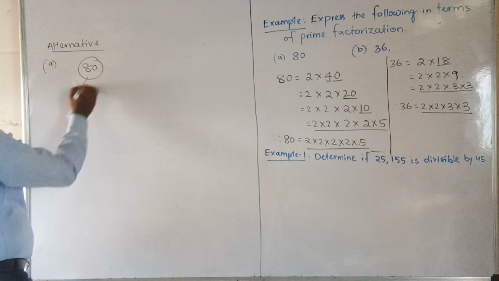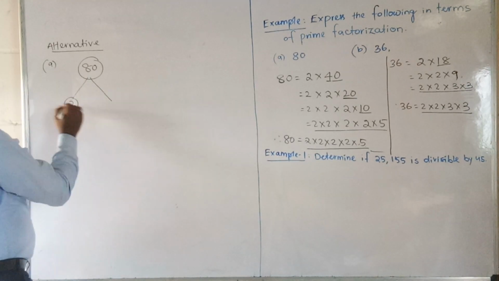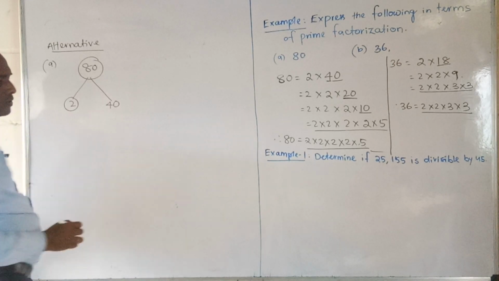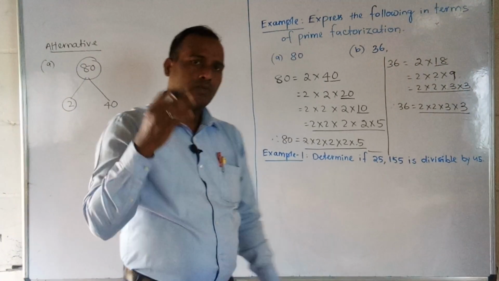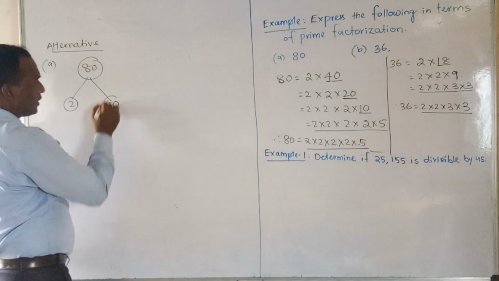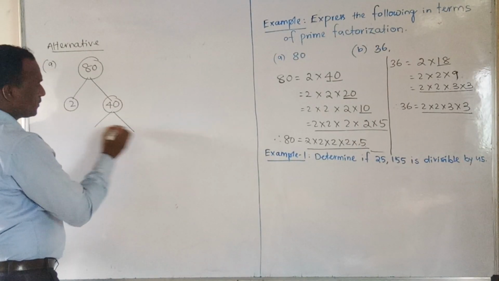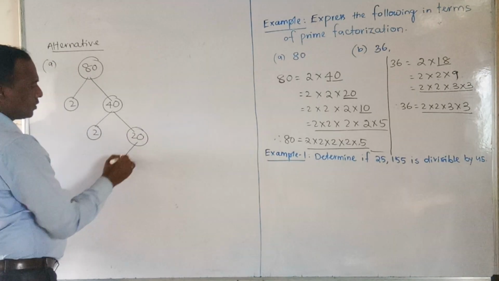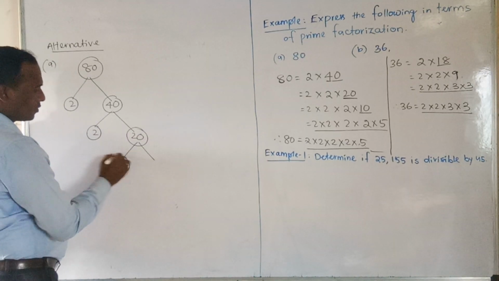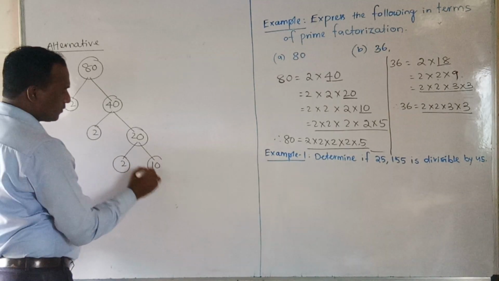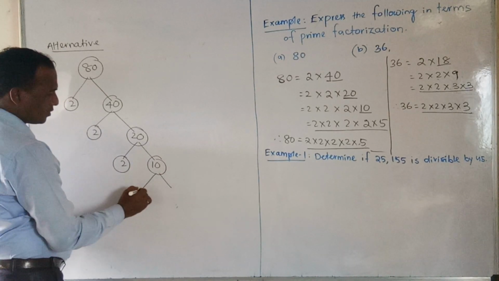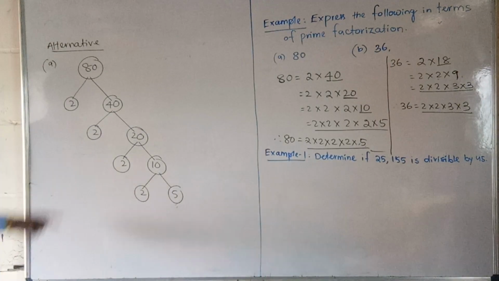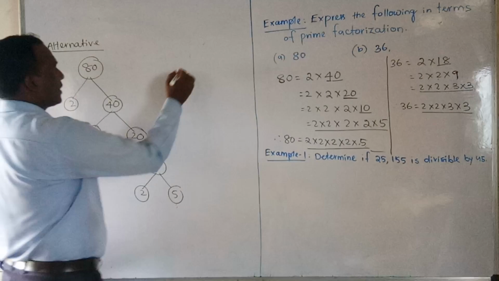So 80, we are doing the tree method, 2 and 40. Next, we are doing 2 into 40; this 40 we can change to 2 into 20. 20 is a composite number, so 2 into 10, 2 into 5. So these are the prime numbers. This way also we can express the same, like 36 also.